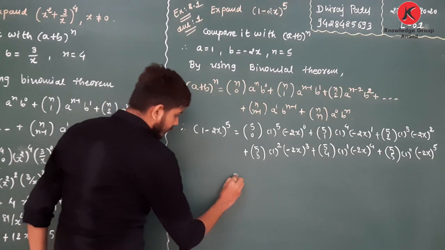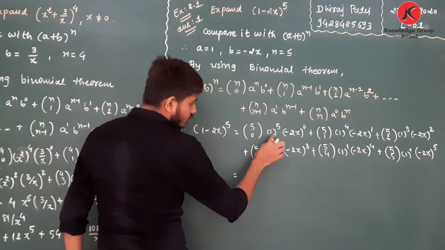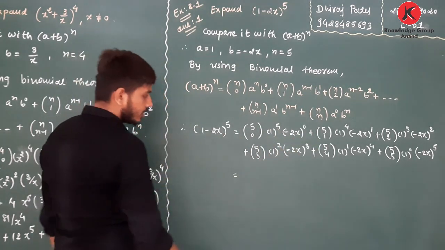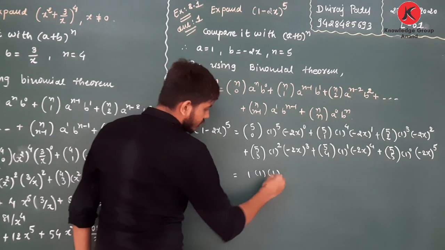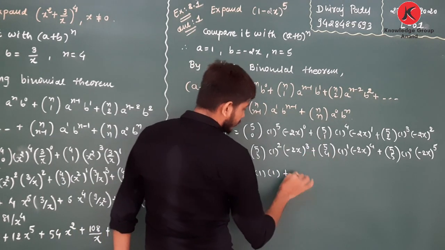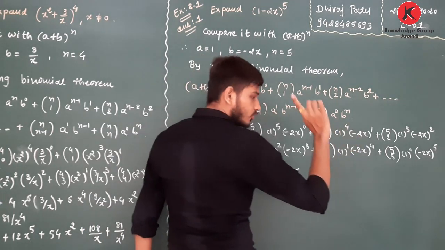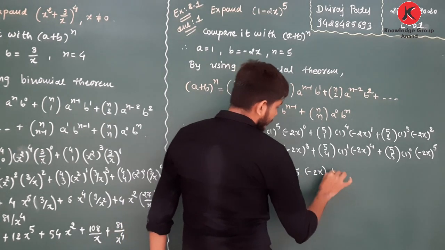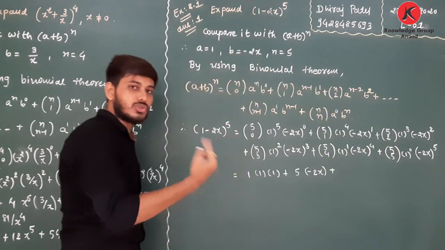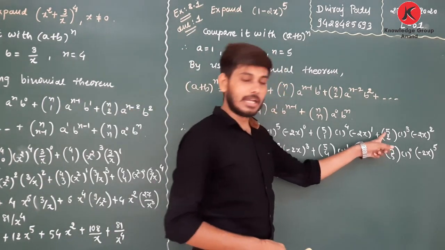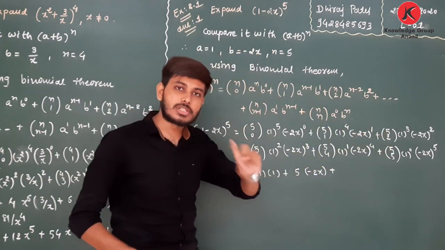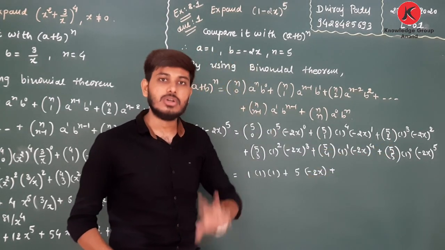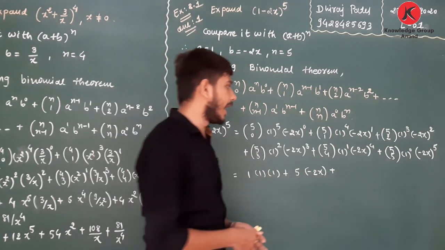We are getting, in simplification, 5C0, 1 into 1 raised to 5, 1 into (minus 2x) raised to 0, answer also 1 into 1 into 1, plus 5C1, answer is 5, 1 raised to 4, (minus 2x) raised to 1, minus 2x, plus 5C2 will be calculated directly: 5 into 4 divided by 2 factorial. 2 factorial means 2. 5 4s are 20 divided by 2, 10 is the answer.